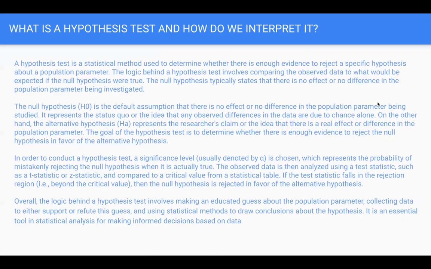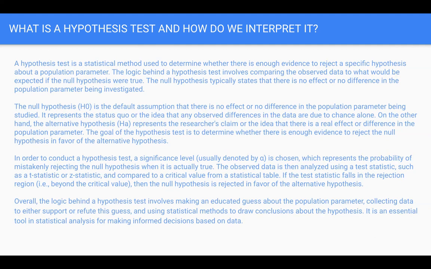And now we go on to our hypothesis test and how we interpret it. Basically, a hypothesis test is the statistical method that's used to determine whether there's enough evidence to reject a specific hypothesis about the population parameter. The logic behind the hypothesis involves comparing the observed data to what we would expect if the null hypothesis was true.